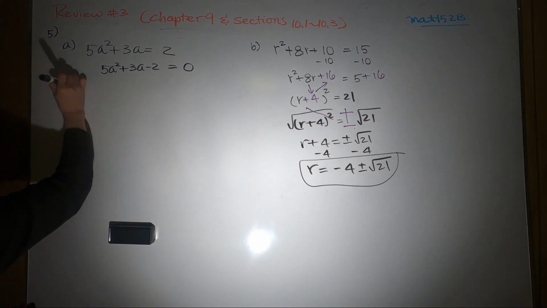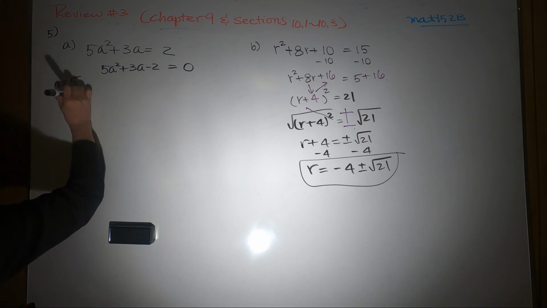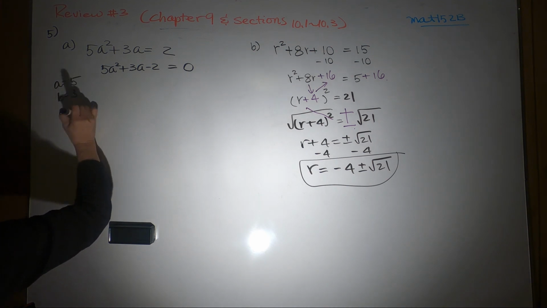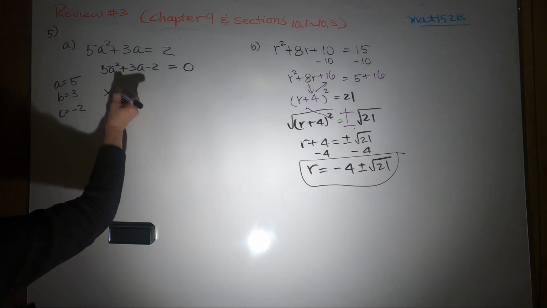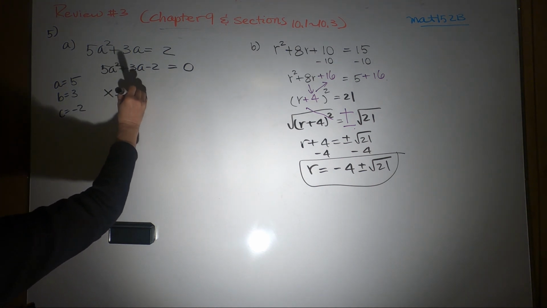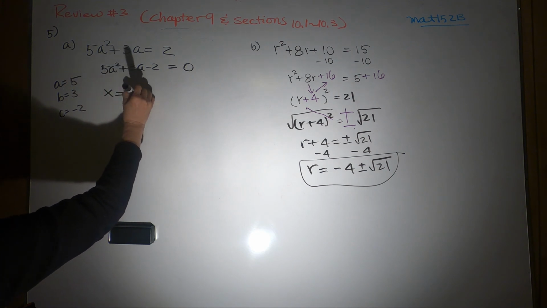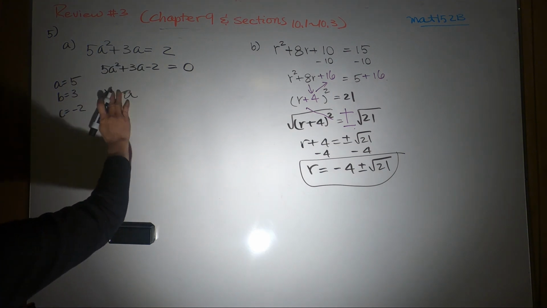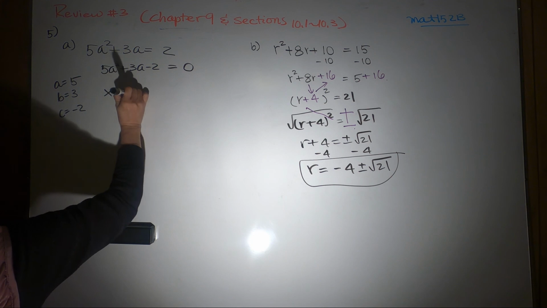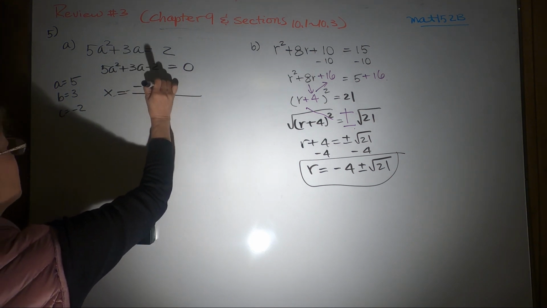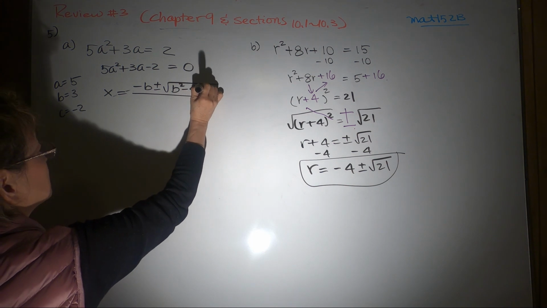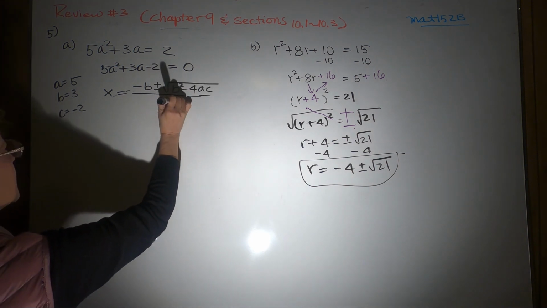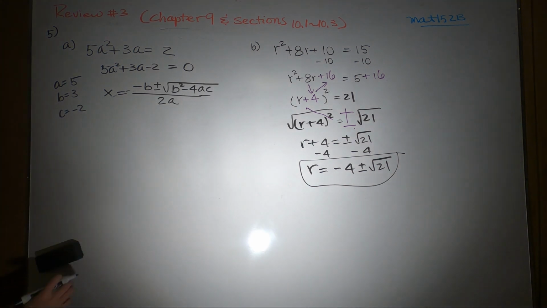So your a is 5, b is 3, c is what? Negative 2. Then you plug in, so your variable is a. The formula says what? Negative b plus minus square root of b squared minus 4ac, the discriminant inside, over 2a, right?